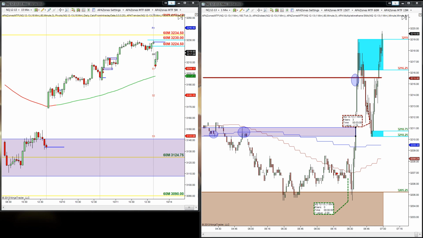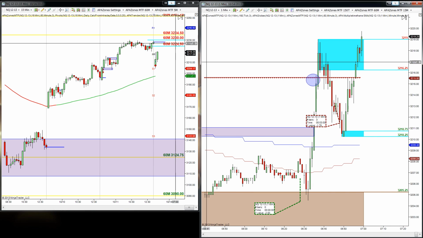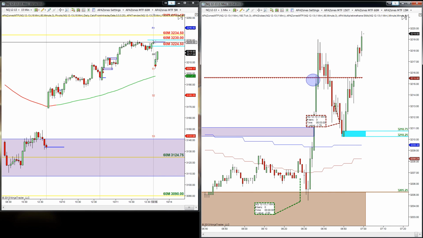Okay, so I just popped the top on the NQ. Let's see how this thing retests the closure of the gap as well as the gap fill.